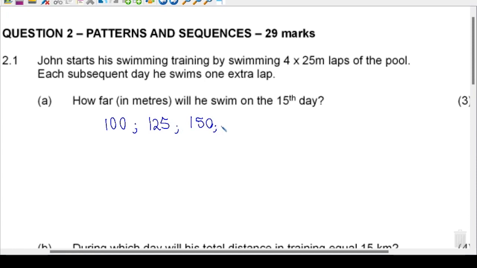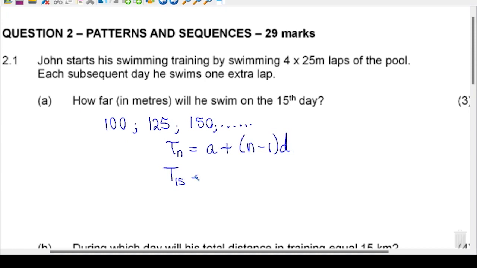Now, at this stage, that's enough to realize that we've got an arithmetic sequence. Each term is telling us how far he swam on each day. Right, so on the 15th day, we want the 15th term. We're going to use our formula Tn is A plus n minus 1 lots of D. It gets provided to us, but it's certainly helpful to learn it to save yourself time.